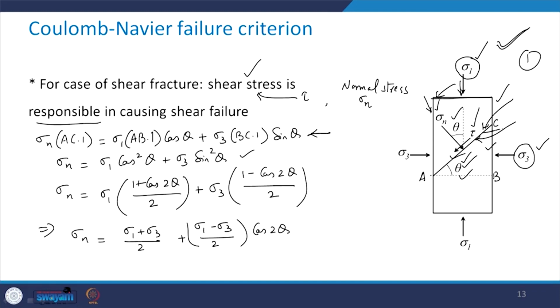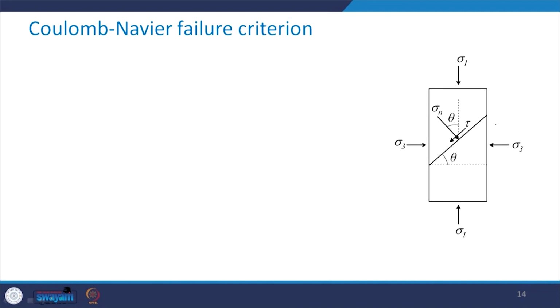So this is the equation that we wrote, the force equilibrium equation in the direction normal to the failure plane. Now, similarly, we can write the force equilibrium equation parallel to the plane of failure. See here how I will write that. That is going to be tau into AC into 1, which is equal to sigma 1 AB into 1 into sine of theta, minus sigma 3 BC into 1 cos of theta.